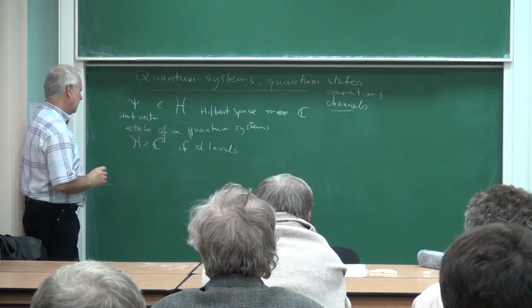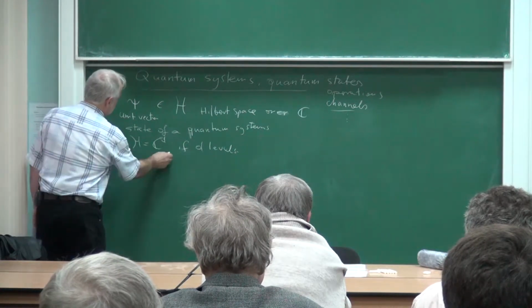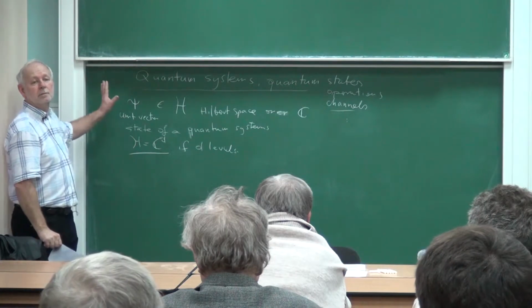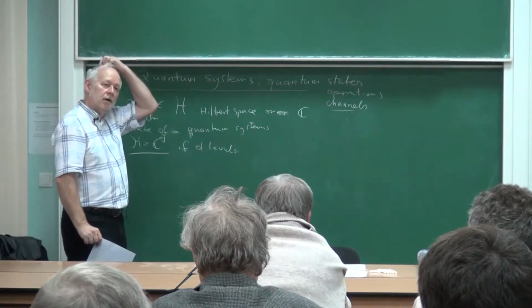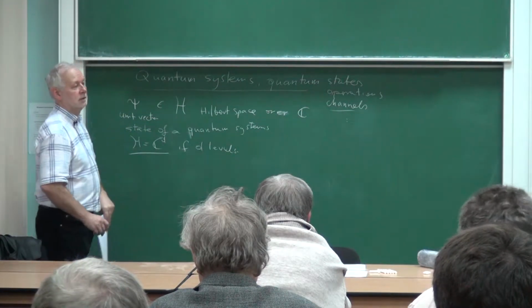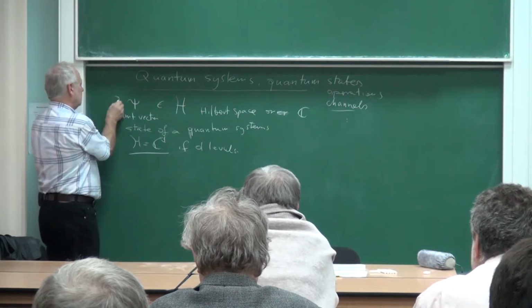Okay, so basically for the purpose of this talk, those spaces may be infinite dimensional in principle, but there will be only finite dimensional Hilbert spaces. So in particular, this will be a finite dimensional vector, so this will be C^d.